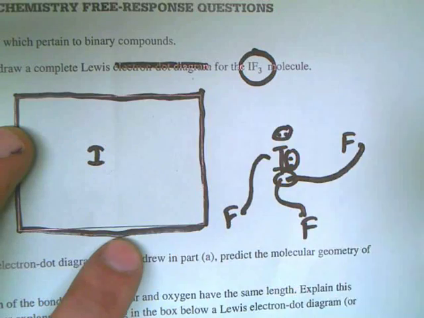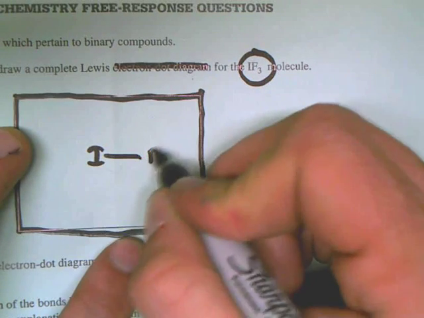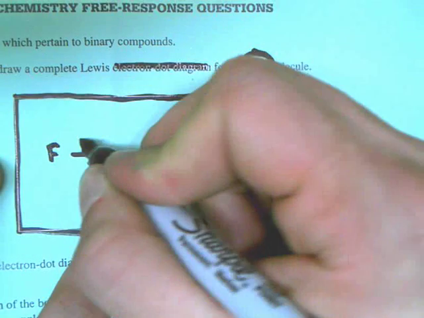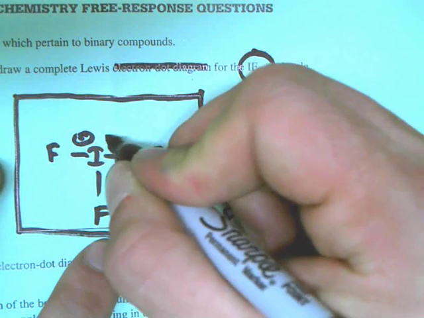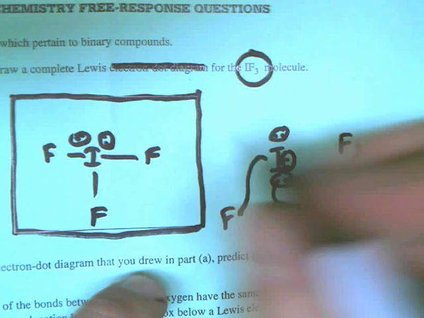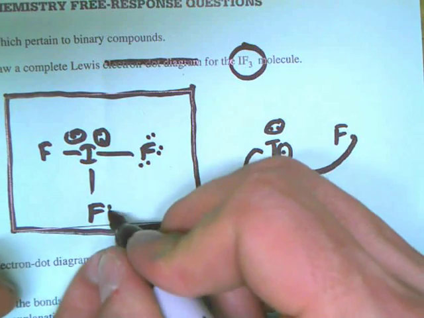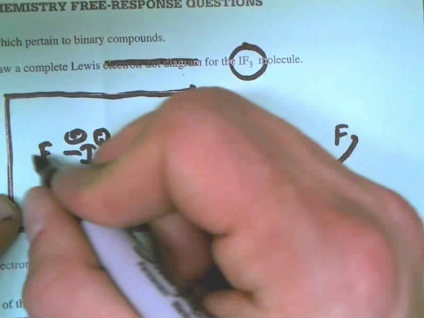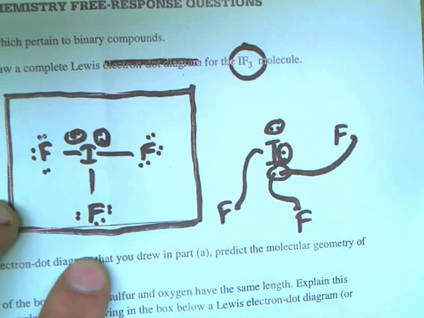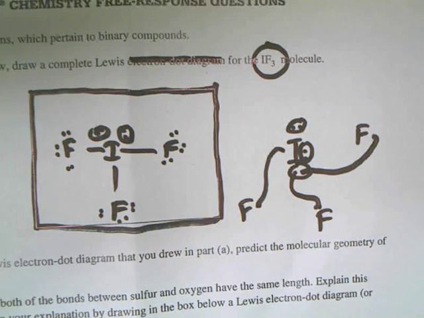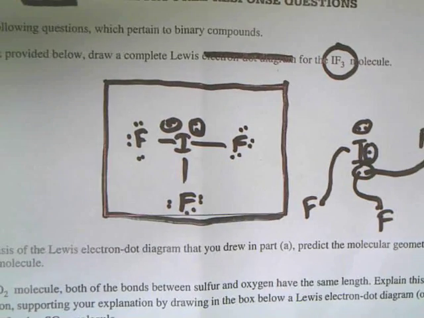Okay, there it is. I'm then going to draw my I in the middle. I'm going to draw my F. I'm going to draw my F. I'm going to draw my F. And I'm going to draw my lone pairs on the top. Since I'm on a free response problem, I'm going to draw my lone pairs on the F to make it look nice and neat.